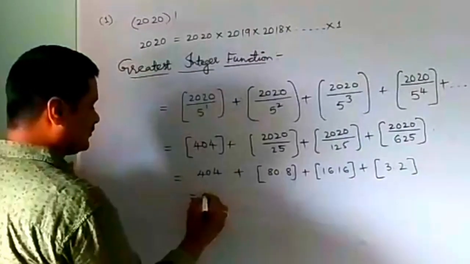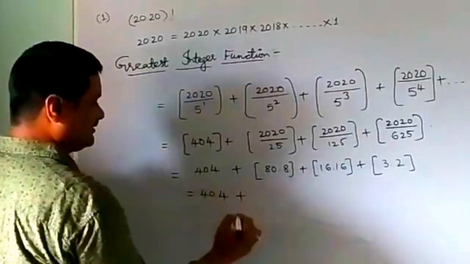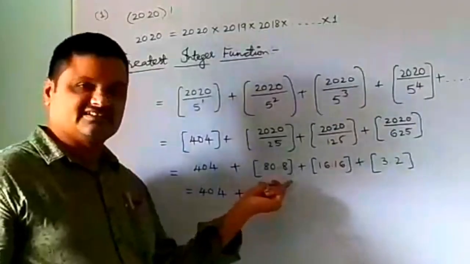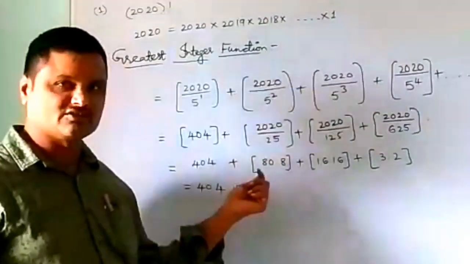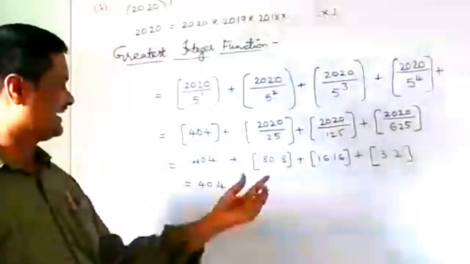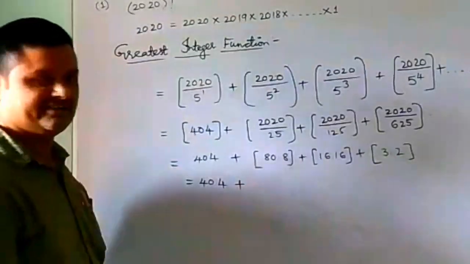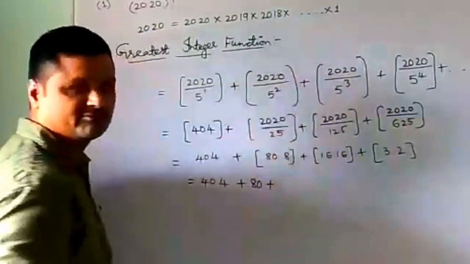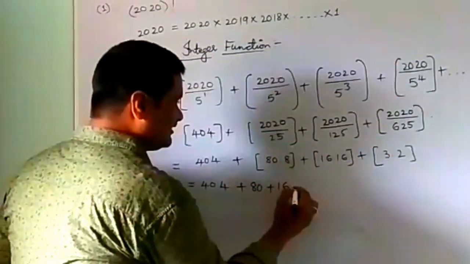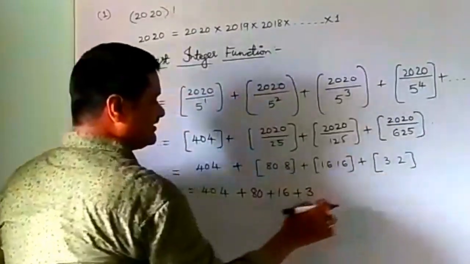Now 404 plus, as I said, the greatest integer function of a given number is nothing but its integral part. The integral part of 80.8 is 80, the integral part of 16.16 is 16, and for 3.2 it is 3.